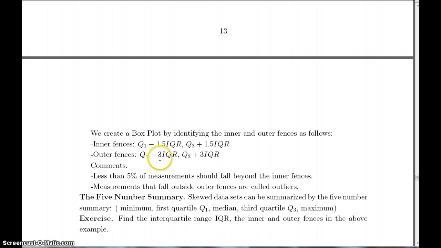For the outer fences, I go 3 IQRs below the first quartile, and 3 IQRs above the third quartile. Typically, about 5% of the measurements will fall beyond the inner fences, and measurements that fall outside the outer fences are called outliers.